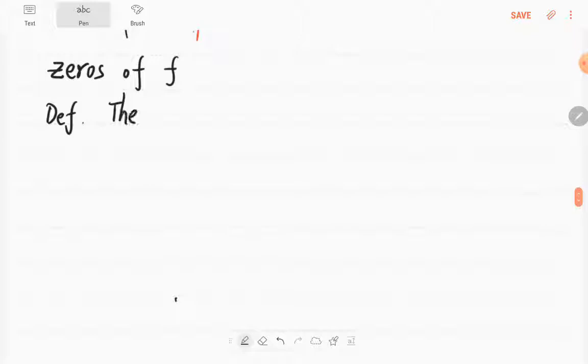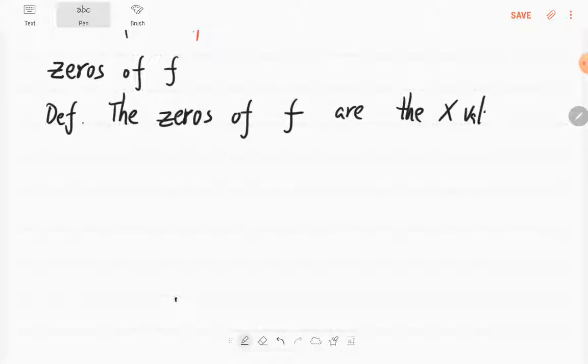The zeros of a function f are the x values such that f of x equals 0. So in other words, the y value equals 0, or the x value such that y equals 0. So that is actually the x-intercept, right?